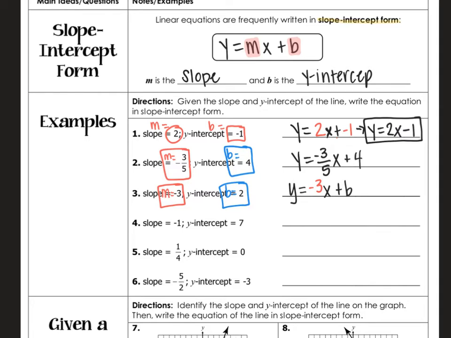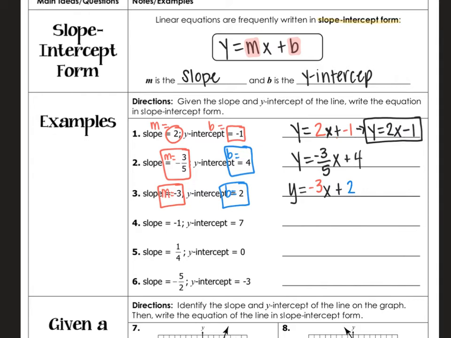And then for our y-intercept, we are going to take out the b, and we are going to put in 2. So our slope-intercept form is y equals -3x plus 2.